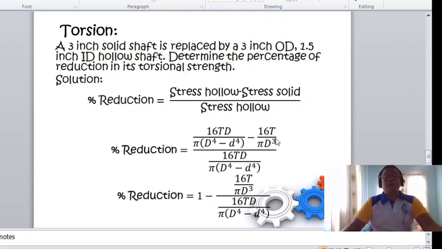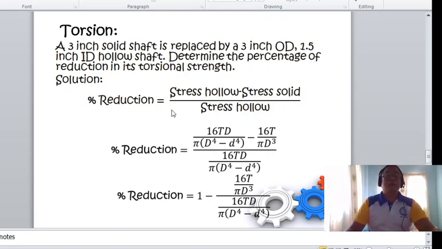Okay, so actually, class, the shaft which is most stressed, of course, is the hollow shaft. So, if we compute the stress, we will notice that the value obtained from the hollow shaft is greater as compared to the solid shaft.